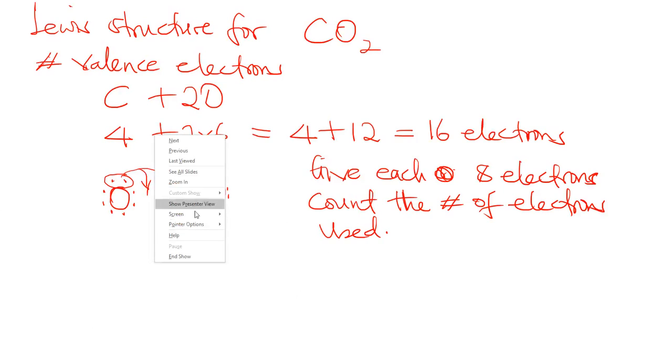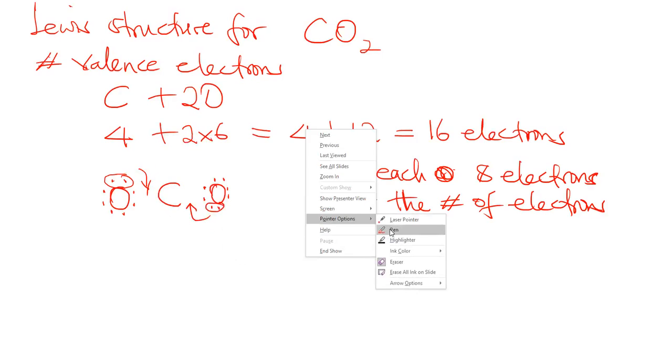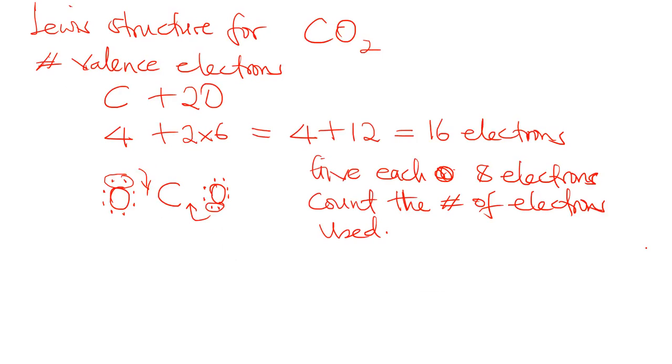So I'll just make sure that that is shown. So what you are going to do in the end is you are going to have oxygen, then 1, 2, 3, 4, carbon, 1, 2, 3, 4, oxygen. Now this carbon has 8 electrons. You can see here 1, 2, 3, 4, 5, 6, 7, 8.